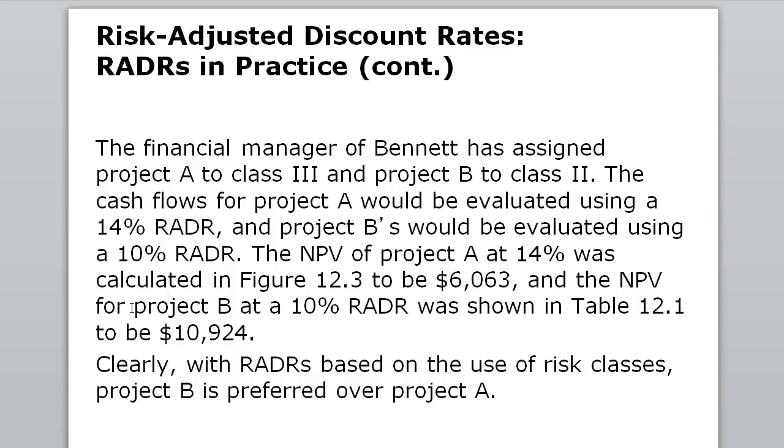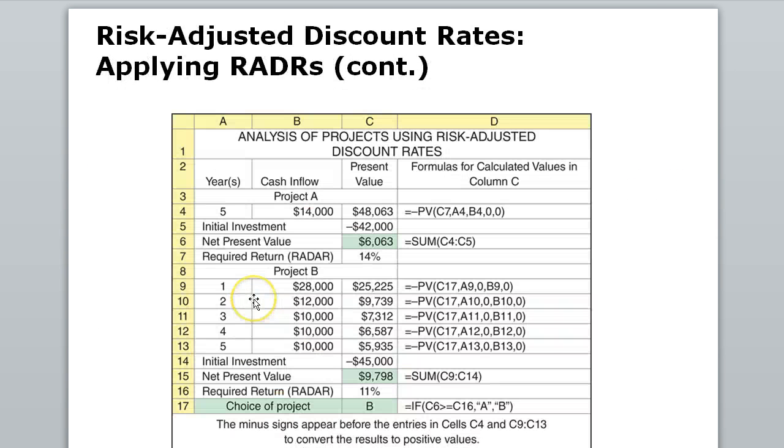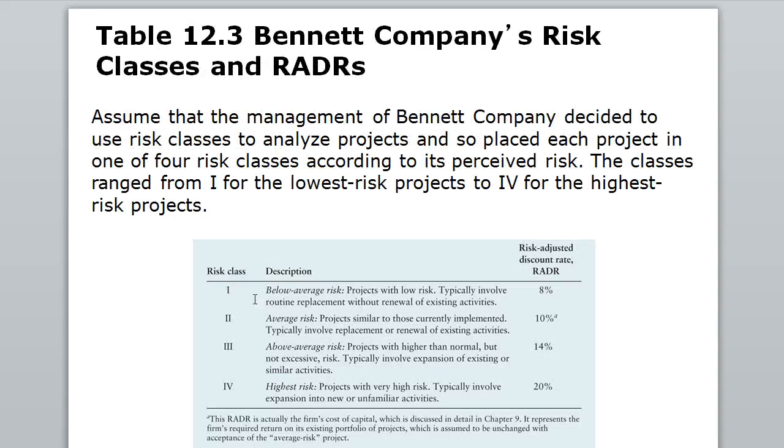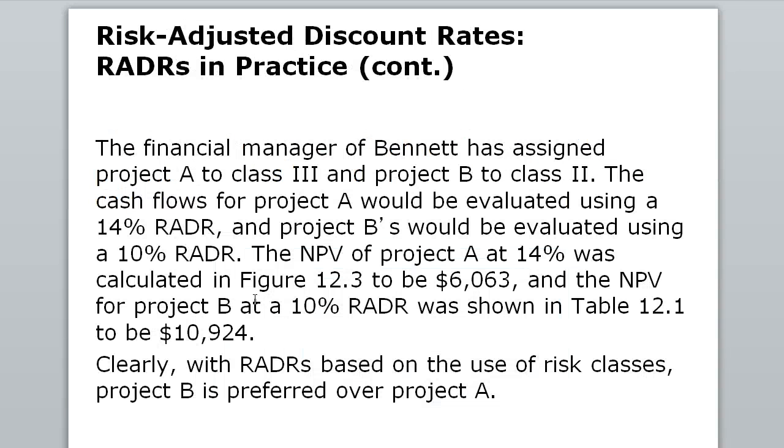So if a financial manager has project A in risk class 3 and project B in risk class 2, then we would be using an RADR of 14% for A and an RADR of 10% for B. Project A at 14% was calculated in the previous figure as 6,000, and the net present value for project B at 10% would be, let's see, this was actually 11% previously, but at 10%, it's actually higher at 10,000.